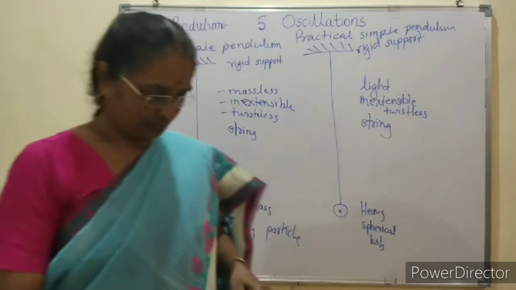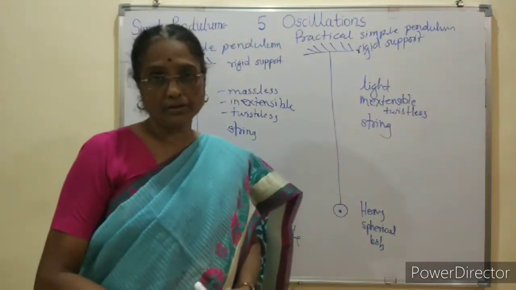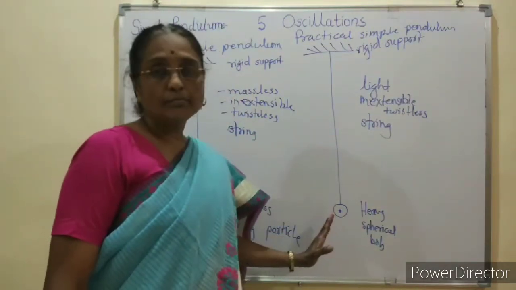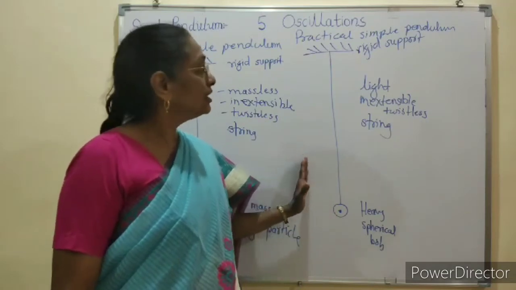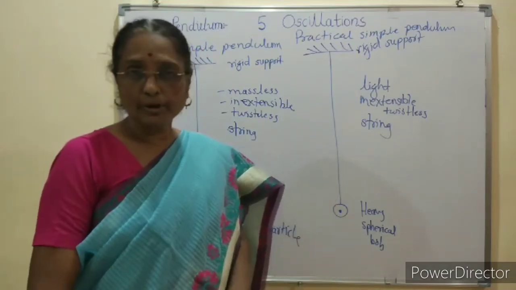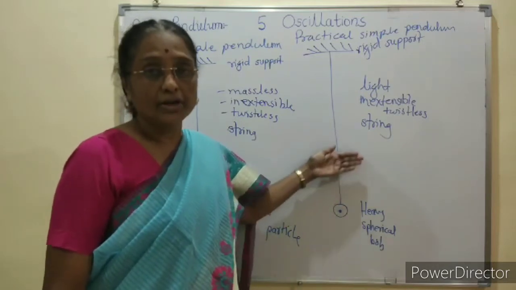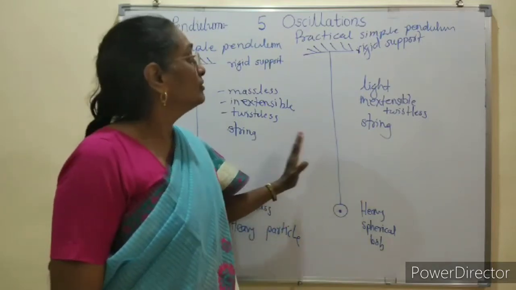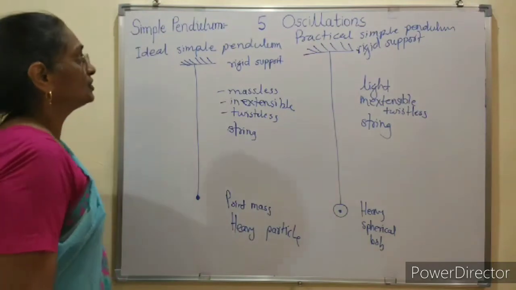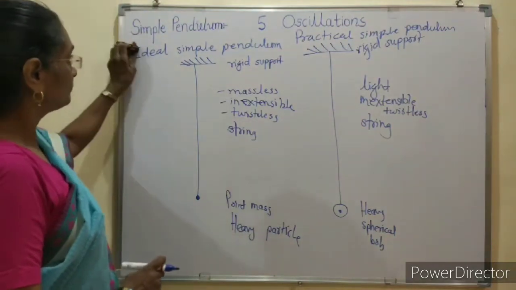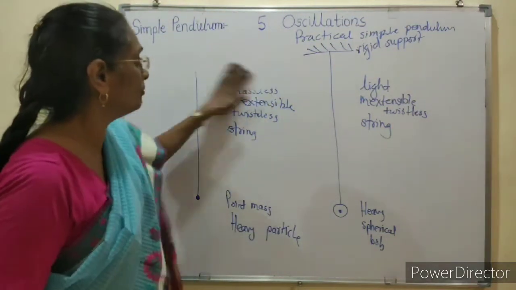Now this pendulum, again there is one thing which is related to simple pendulum, that it should vibrate in a plane, in a vertical plane. So this point also we have to consider while the study of simple pendulum.